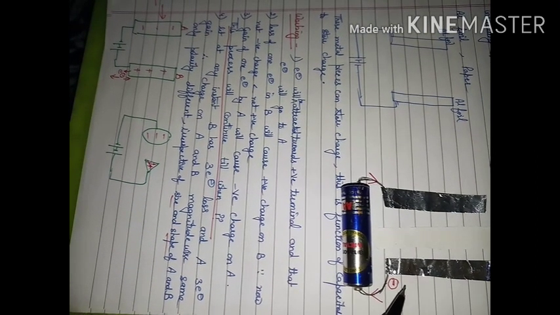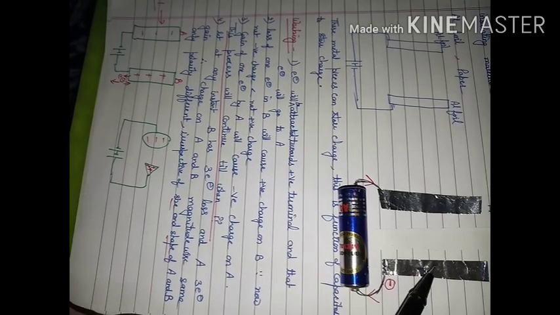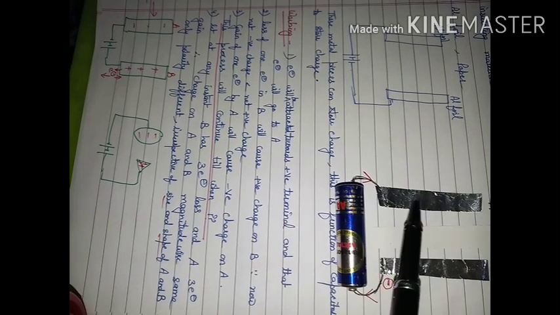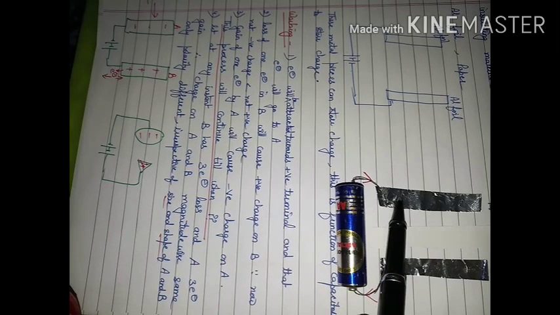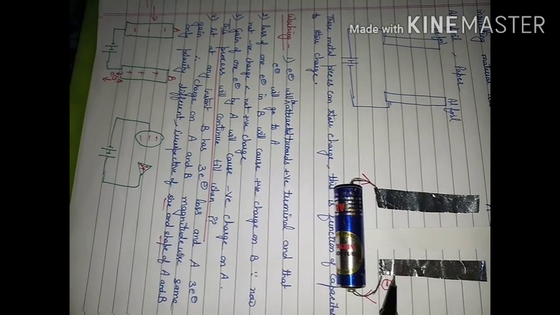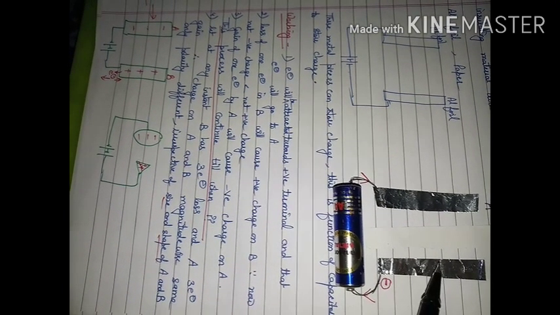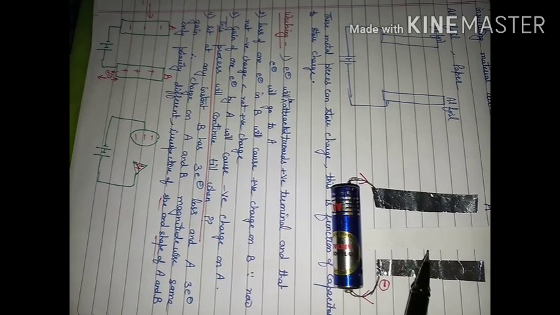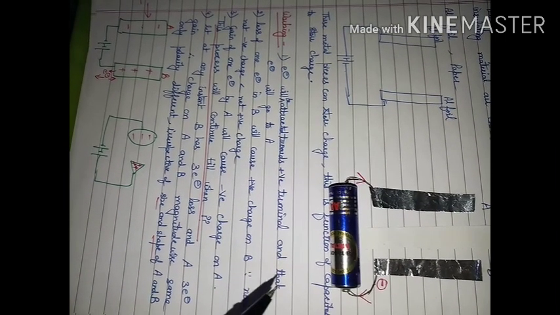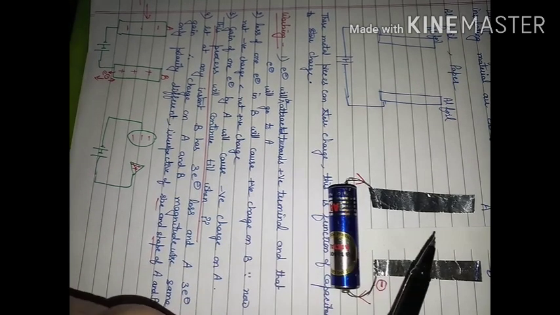Now, for how long will these electrons move from plate B to plate A, and how much negative charge will develop on A and how much positive charge on B? These are the questions. For how long will this flow of electrons from B to A continue?